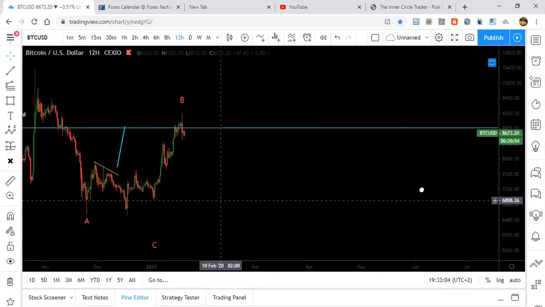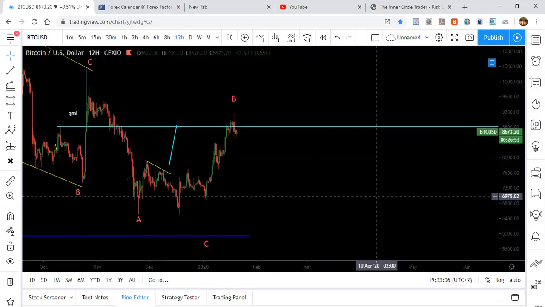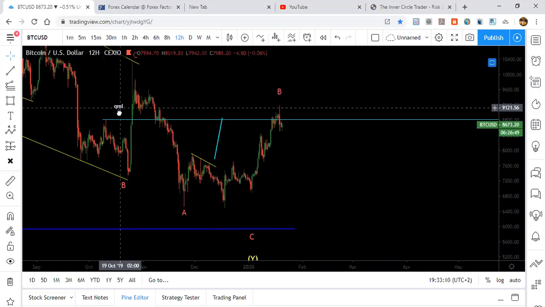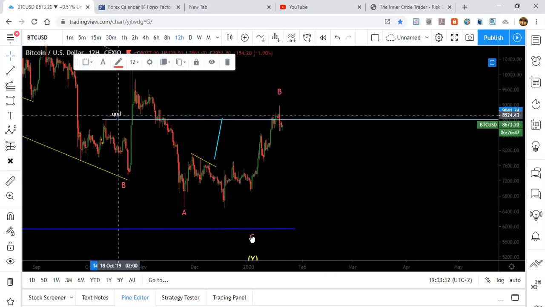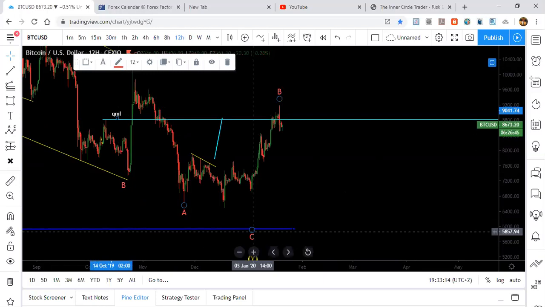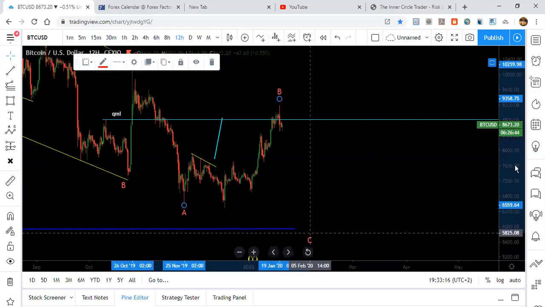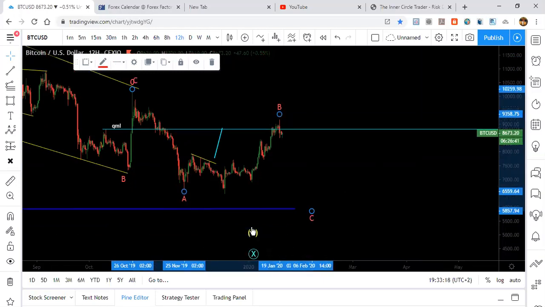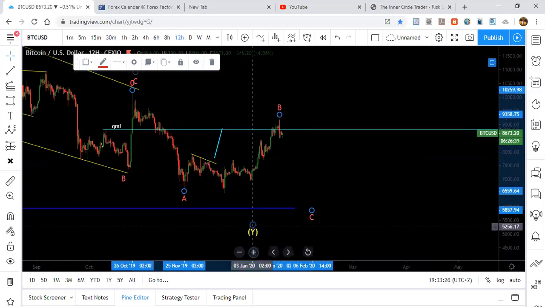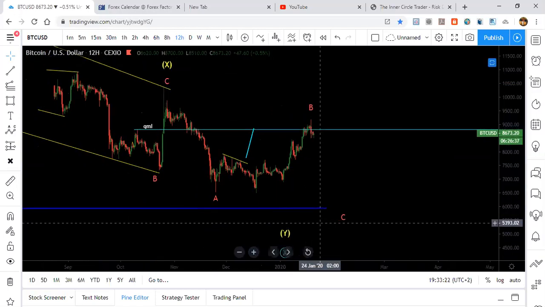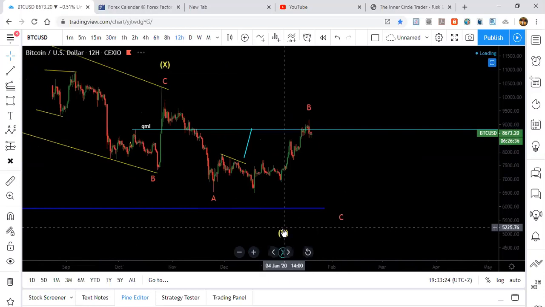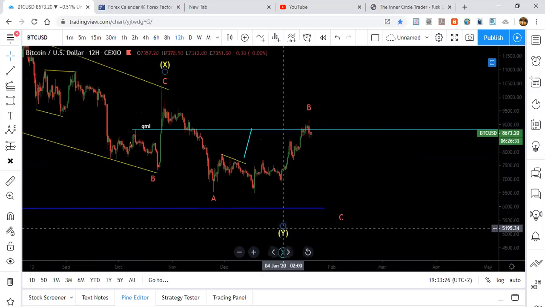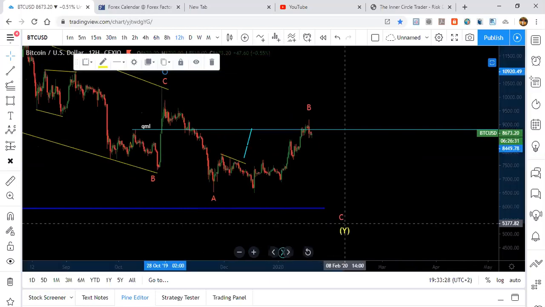This is a level that I was looking at ever since I was forecasting this. So we still want to come down here before we can see any move of the Bitcoin to the upside. I'm still expecting this to drop a little bit down before it can push upside.